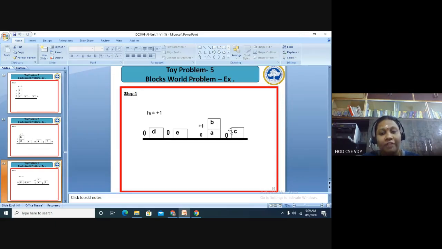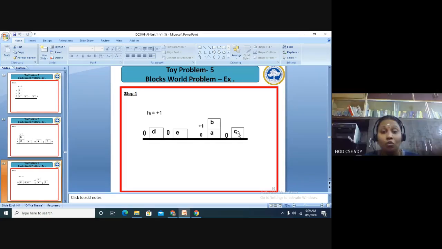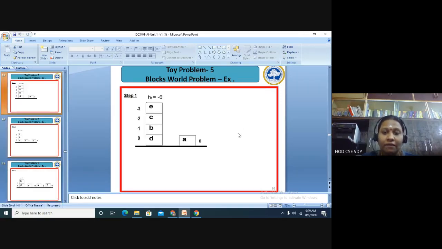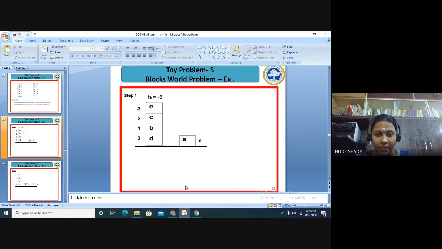If that is the case, what would be the heuristic? Would it again be +1? No. See, compare with the goal state here.